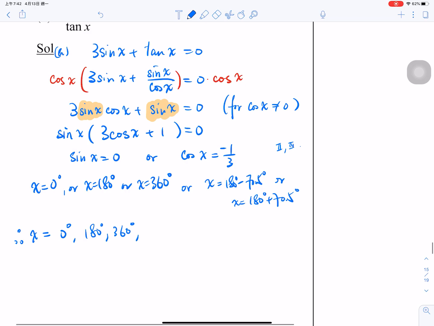And the other two, I write quadrant 2 first, okay? 109.5 degrees and also 250.5 degrees, okay? 5 roots.